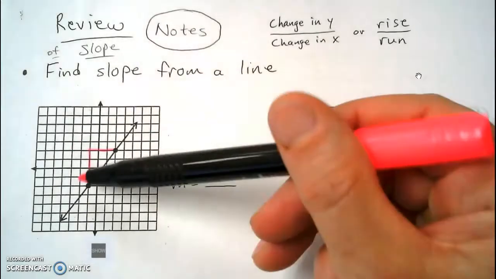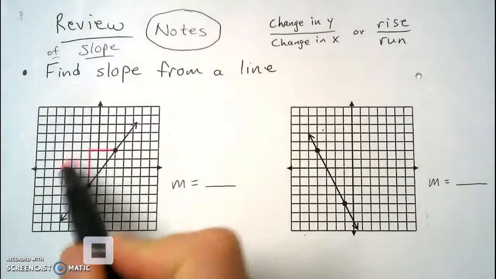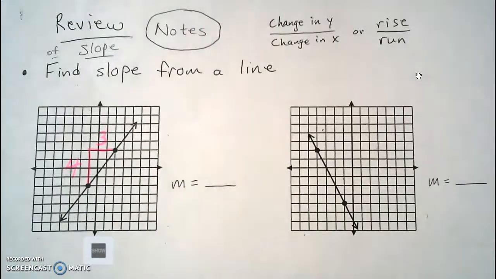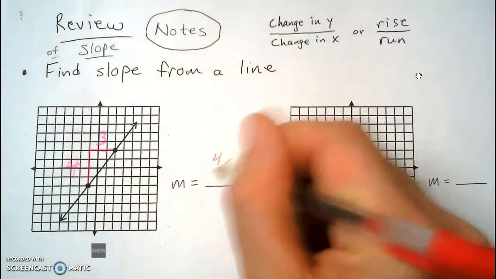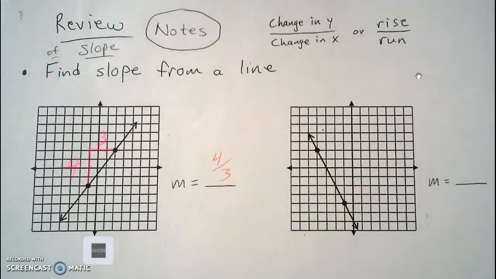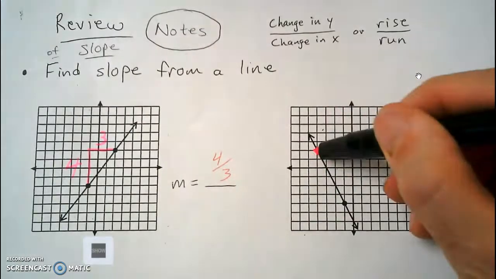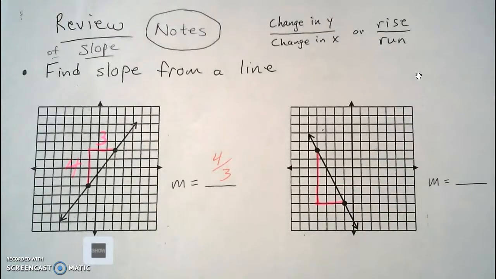And I count over here, and it's 1, 2, 3, 4 high, and it's 1, 2, 3 across, and it looks like our slope is rise 4, run 3. And same over here. Again, you can go above the line or below the line to do that. You get the same answer.